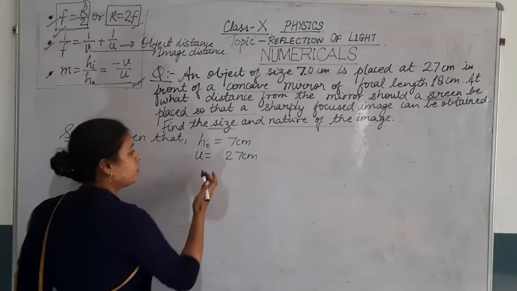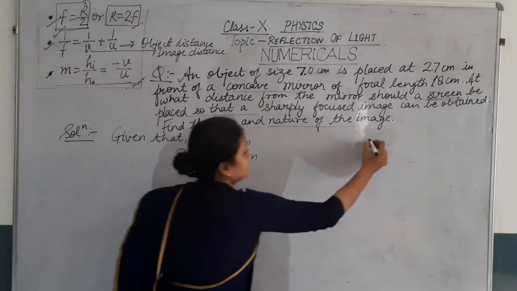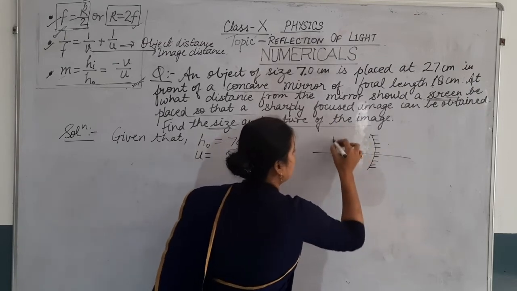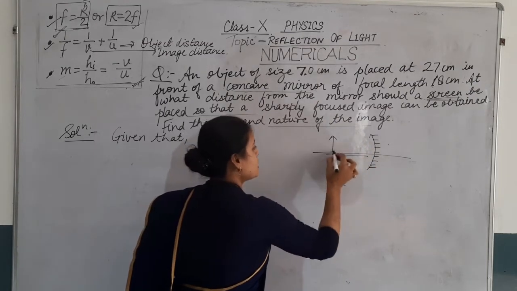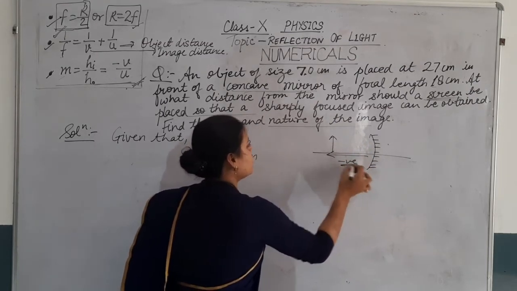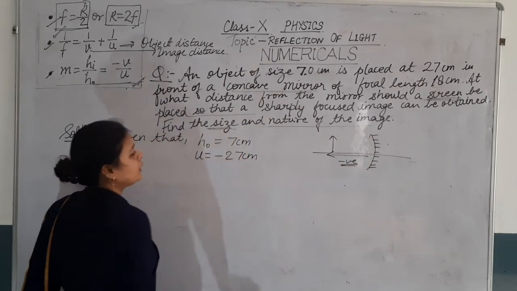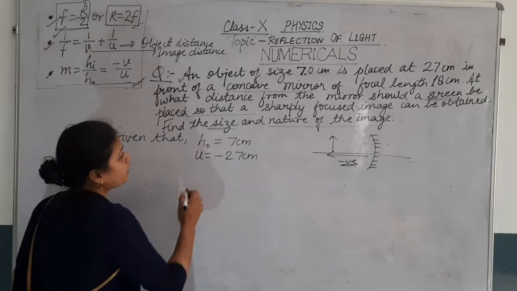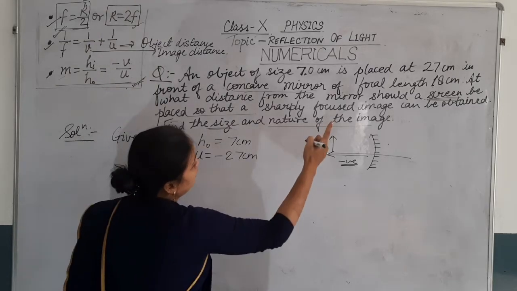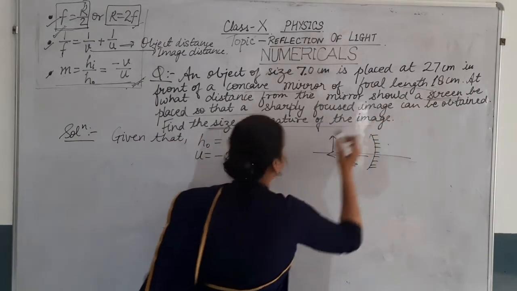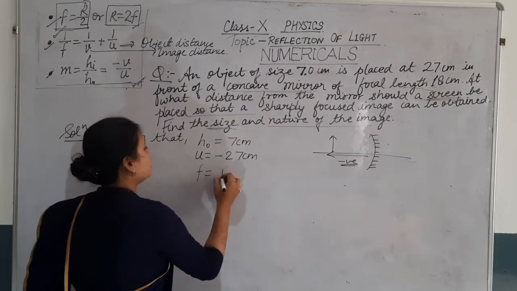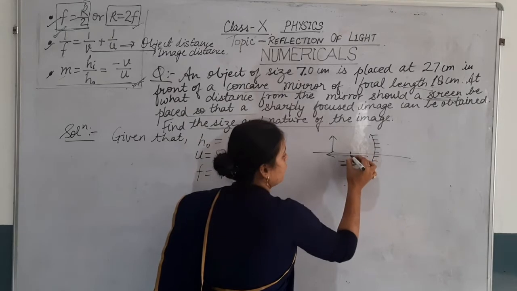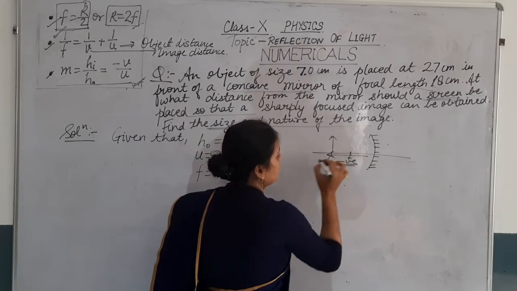We know that this is a concave mirror. If an object is placed in front of this concave mirror, the distances will be taken as negative. So this 27 cm will be taken as negative. What else is given? Focal length. So write down focal length F is equal to 18 cm. Again, it will have the focus here and the center of curvature here.